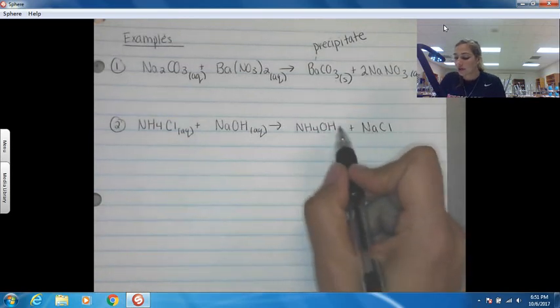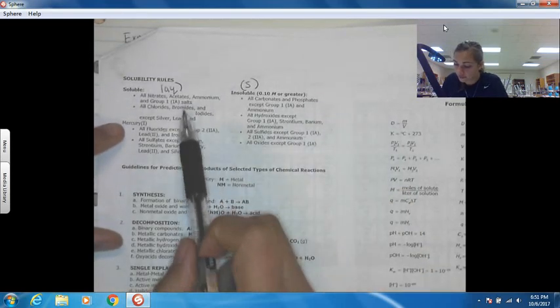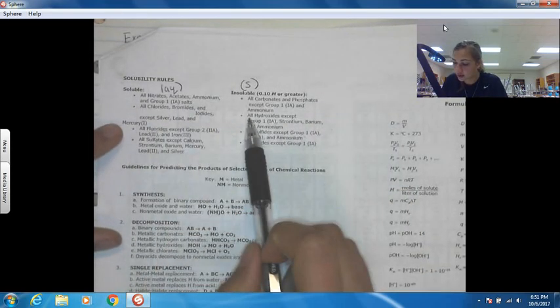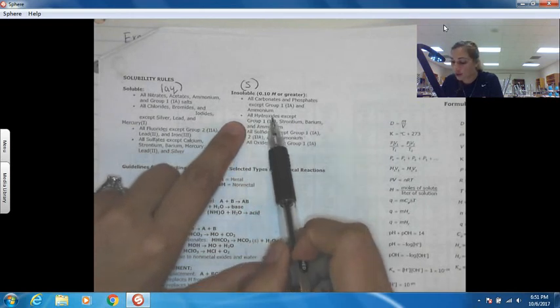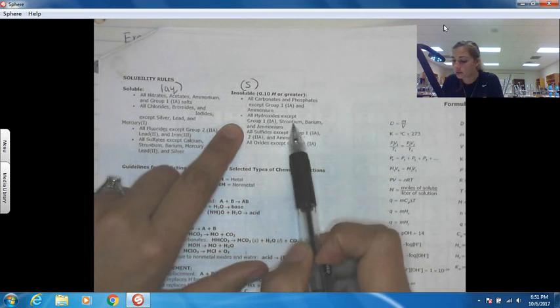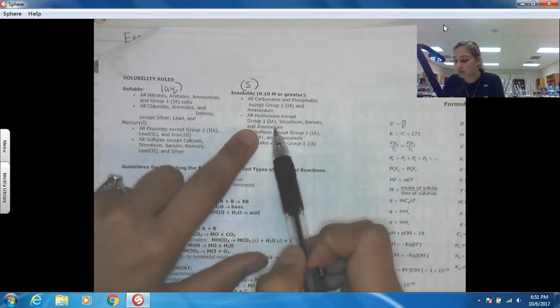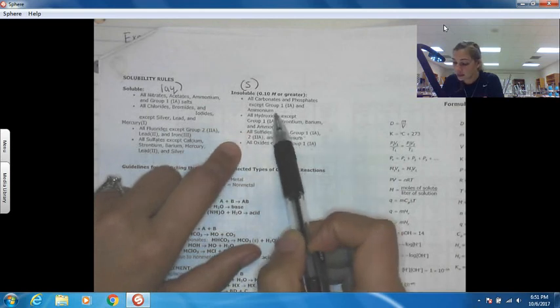So I look at my anion, that's hydroxide. Looking for hydroxide here. All hydroxides are insoluble except when paired with group 1, strontium, barium, and ammonium. So in this case, we have ammonium that's paired with hydroxide.